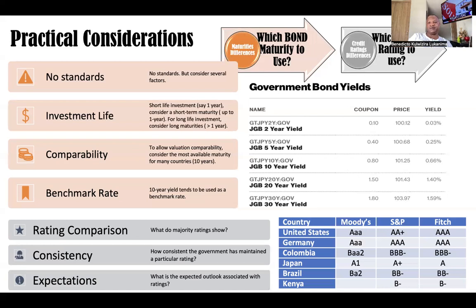Similarly, positive outlook. So if S&P is giving AA+ for the US and not AAA with a positive outlook, I consider the United States as a AAA rated country. That's just an example. There could be several other different examples.